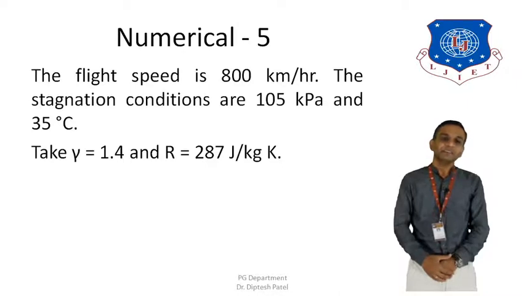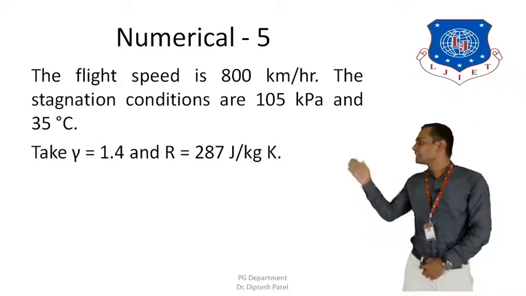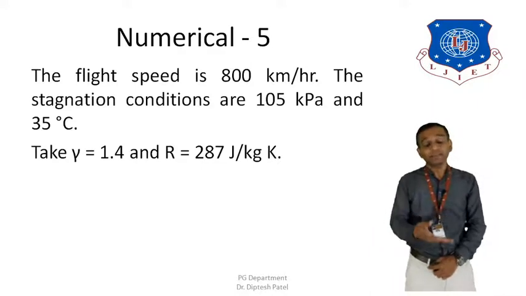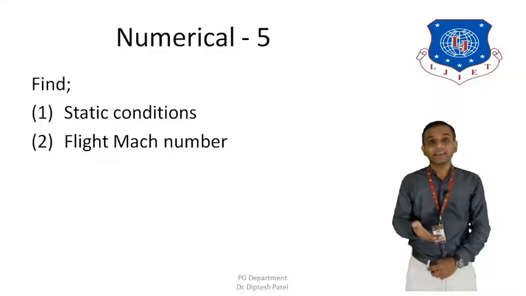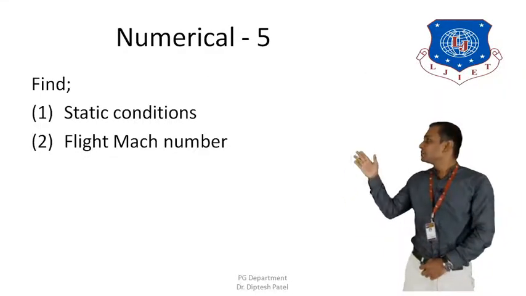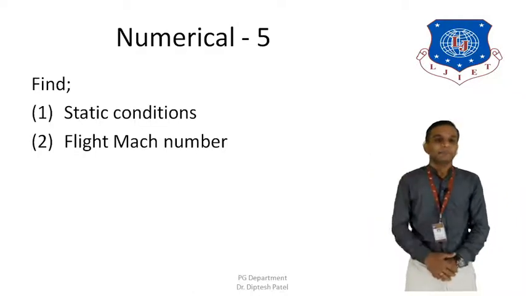Even gamma that needs to be taken is equal to 1.4 and characteristic gas constant R is equal to 287 joule per kilogram Kelvin. So these are the data which have been given to us. We have to go through this data, and on the basis of that we need to find two different parameters.